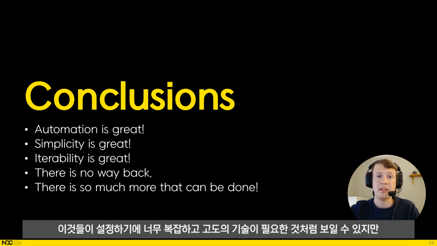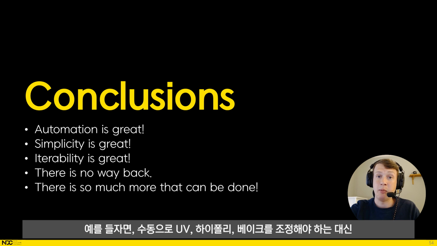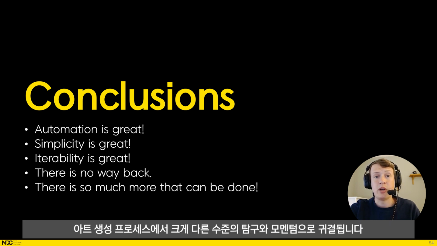And even though some of this might seem advanced or complicated to set up, everything can be broken down into discrete steps that can often have utility on their own, even before it's been put together into a full process. Iterability really is key. Being able, for instance, to change the length of part of an asset and simply hitting process instead of having to manually adjust UVs, high poly, and bakes results in radically different levels of exploration and momentum in the art creation process.